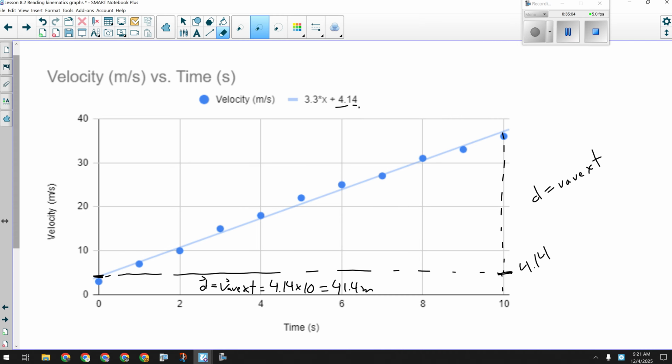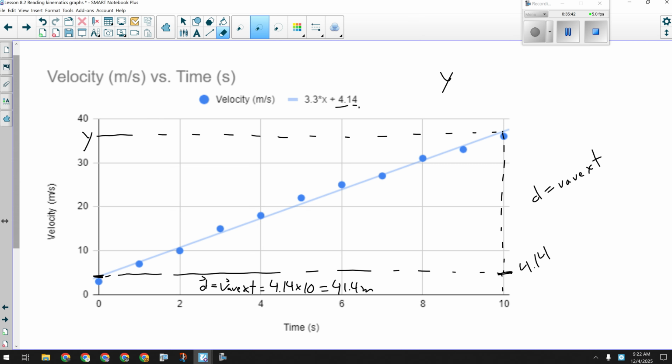How do I know where it ends? It's not something I can read off the graph, but could I calculate it? The top of this triangle is y. Agreed? So can I calculate y if I have the equation? I absolutely can. So I'm going to calculate what y is.